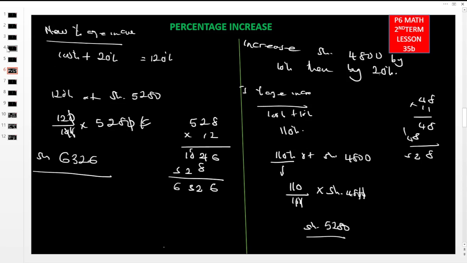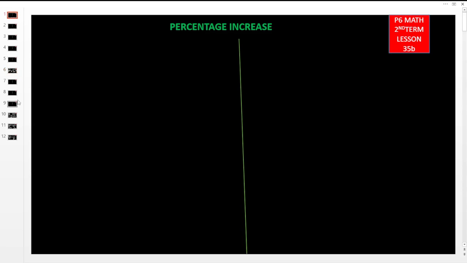Let us get another example here. Example 3. They are telling us that the school enrollment is 600. The school enrollment, the total number of children in a school, is 600 people.